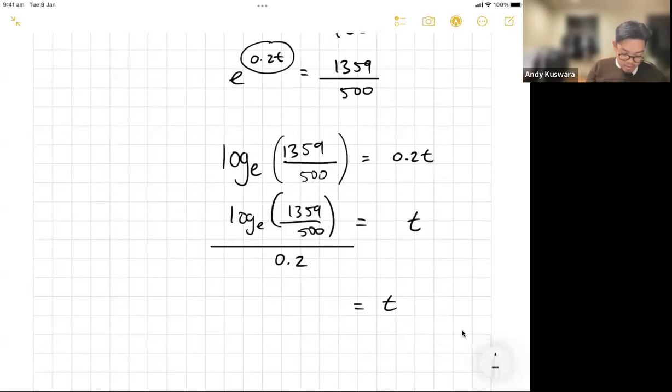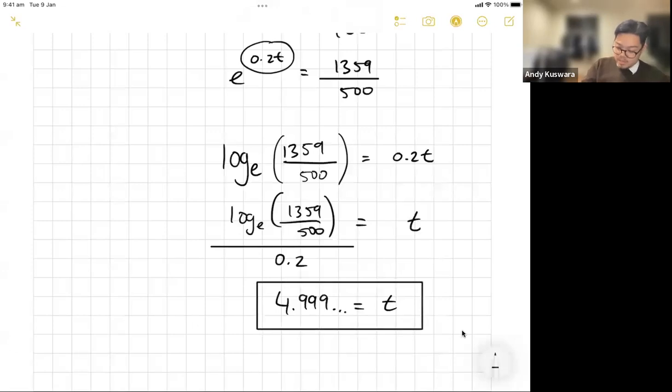So ln of 1359 over 500, and you should be doing this in your calculator too with me, just to make sure that it's all good. And then put it over 0.2. What you'll find here is t becomes 4.999, and so essentially, it's when t equals 5.